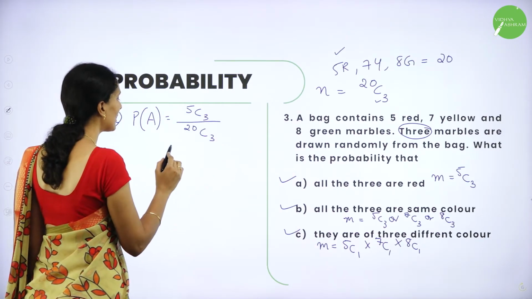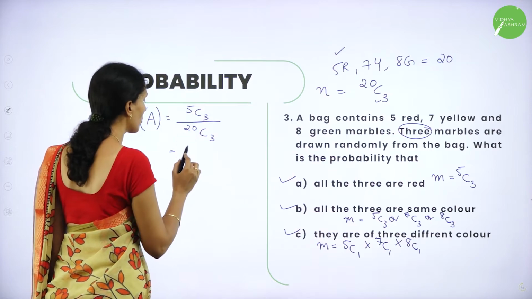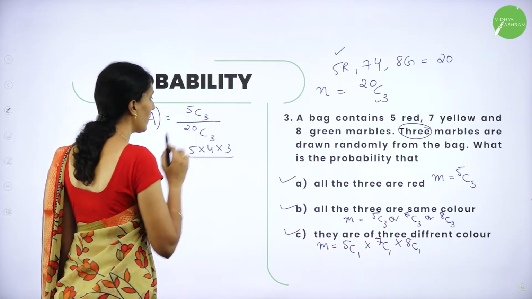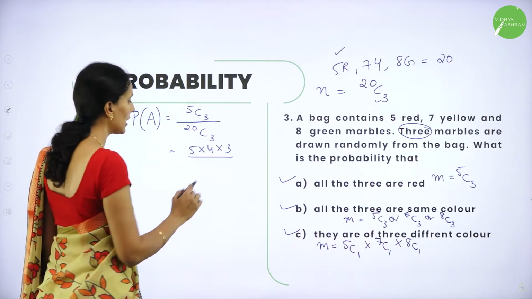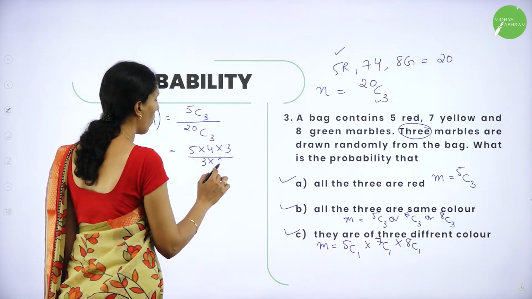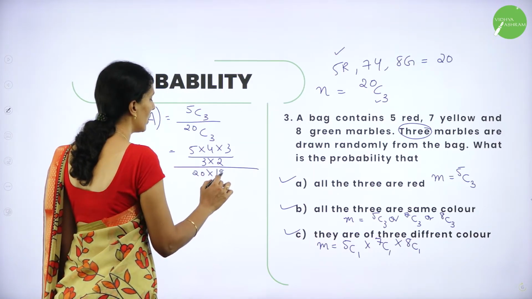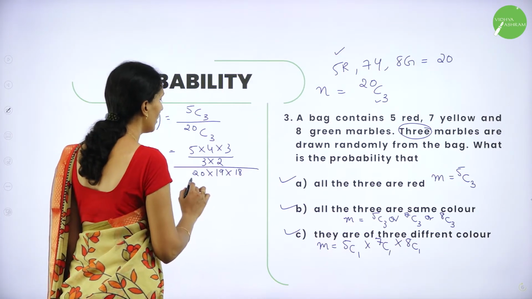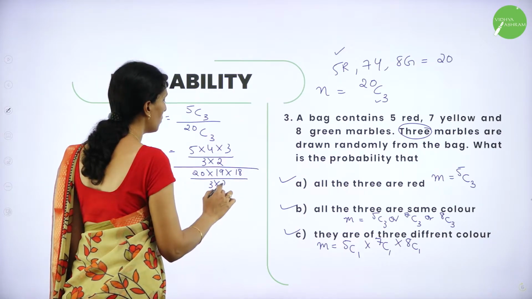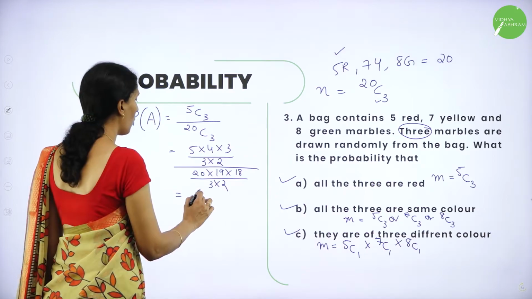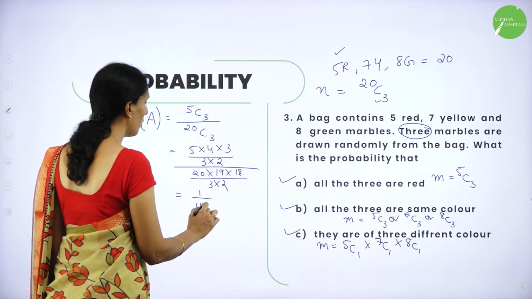That is, 5C3 means writing 3 factors, 5, 4 and 3, with denominator 3 factorial, that is 3 into 2. Similarly here, 20 into 19 into 18 divided by 3 into 2. So the answer will be 1 divided by 114.